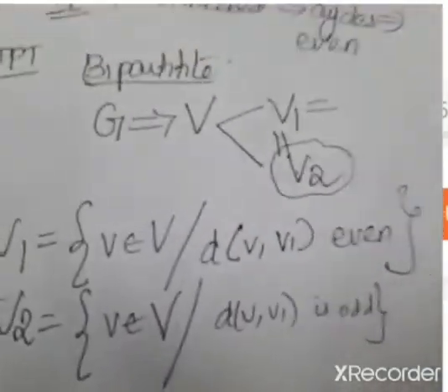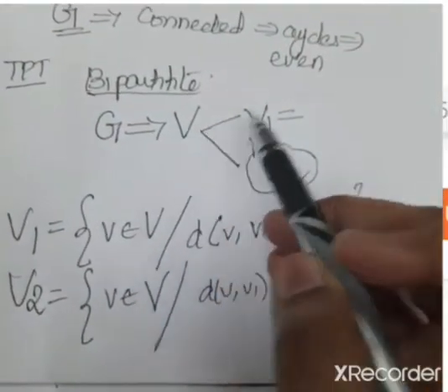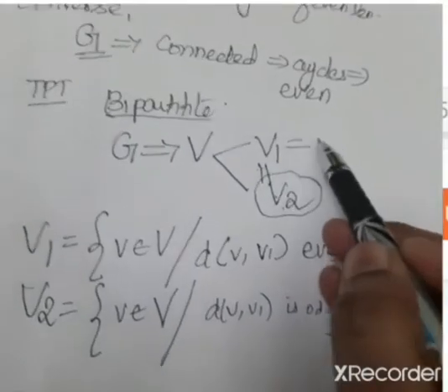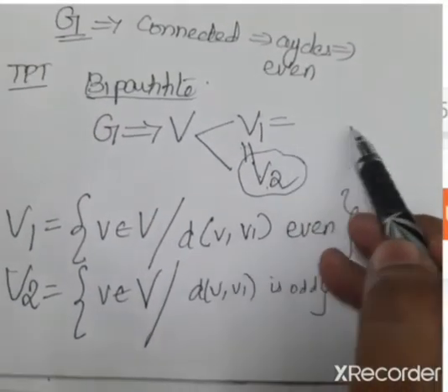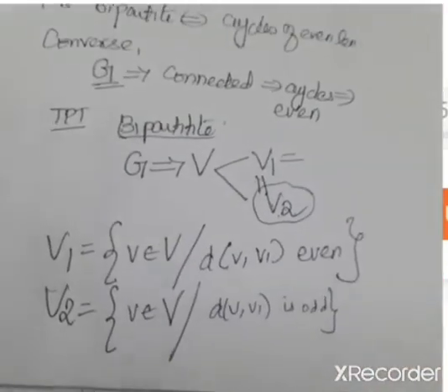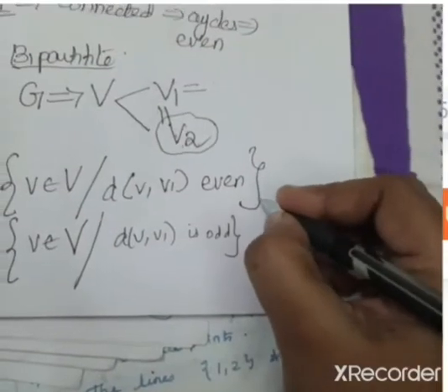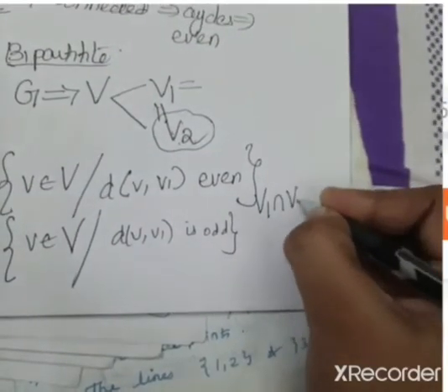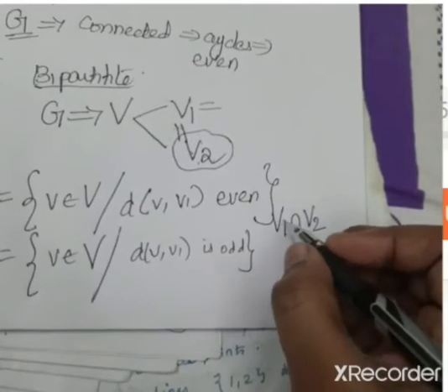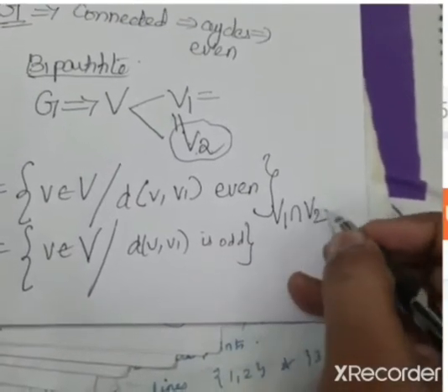What is my observation? From the graph, we partition into V1 and V2. In V1, all my edges are of even length. In V2, all my edges are of odd length. So what can we think about V1 intersection V2? The elements in V1 are different, and the elements in V2 are different.